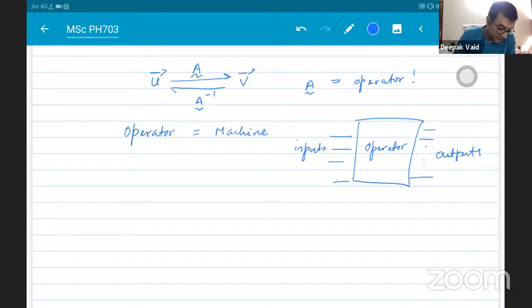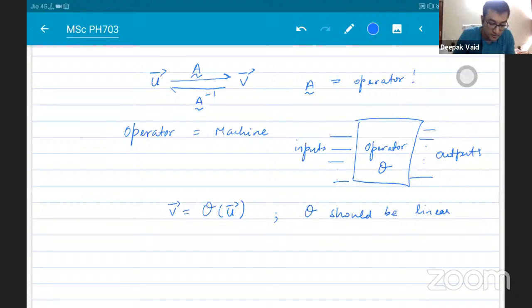So if we want to have a linear operator, right? In general, what I can say is V is equal to some operator acting on U, right? O is some operator, some machine which is taking in components of U and giving me components of V. And I require that O should be linear.